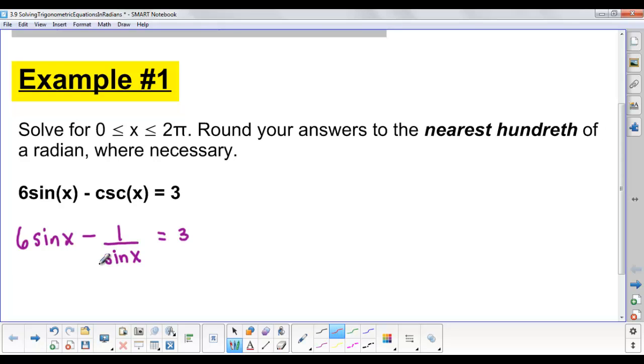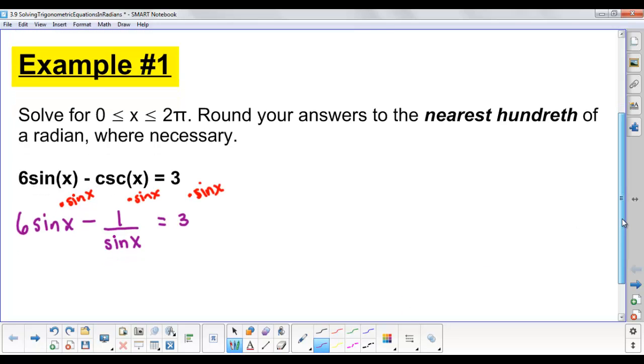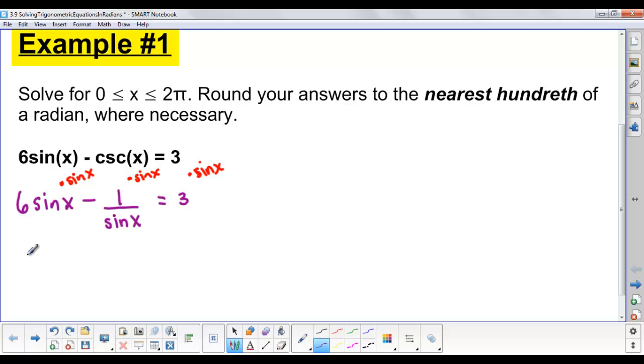So let's get that out of the denominator, and the way we do that is you multiply each one of these terms by sine x. What results is we're left with 6 sine squared x minus, well, 1 times sine x over sine x is crossed out, we're left with 1 equals 3 sine x.